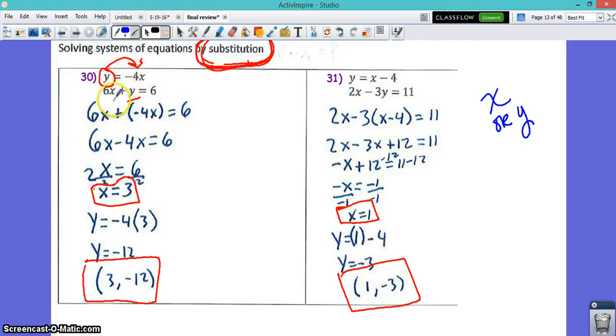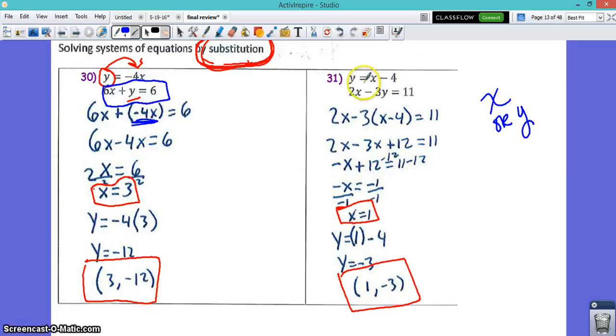Okay, well, I'm going to say in the bottom equation, everywhere there is a y, I'm going to put what? -4x. So then you can solve from there and get x is 3. Now that you know x is 3, you could plug that into either equation. The top one is actually going to be easier just because it's less numbers. And so then you will get that y = -12.